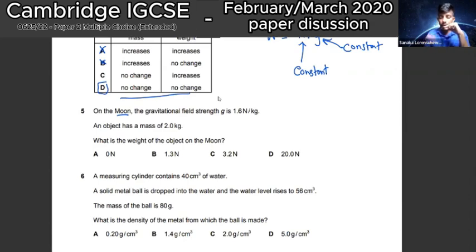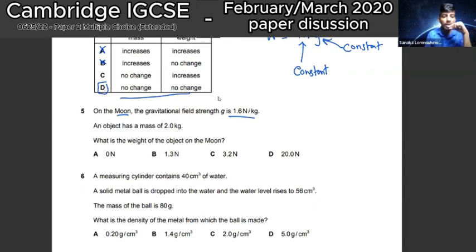Other planets have different gravitational acceleration, but on Earth it is a constant, 10 newtons per kilogram. Then on the moon, the gravitational field strength given is 1.6 newtons per kilogram.